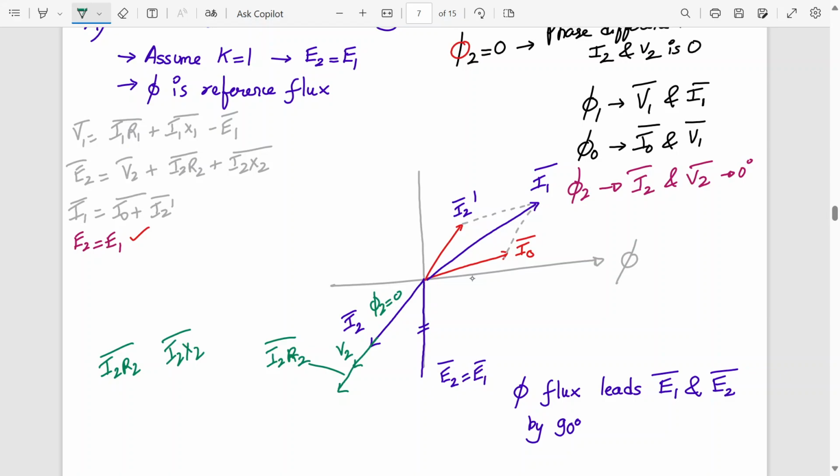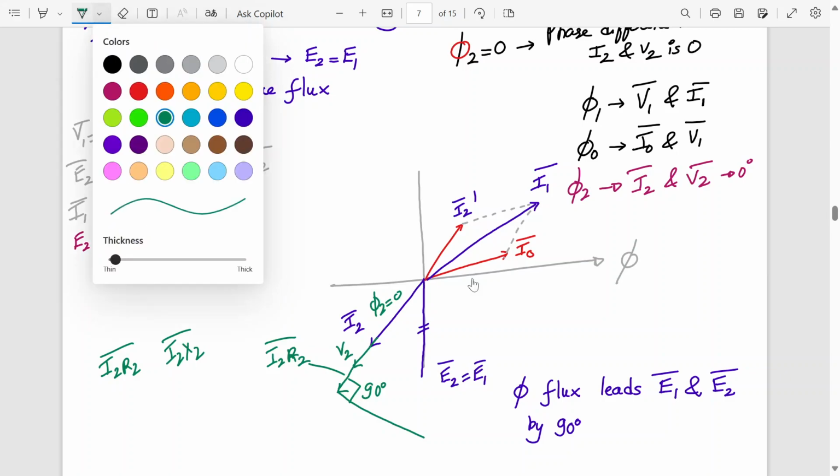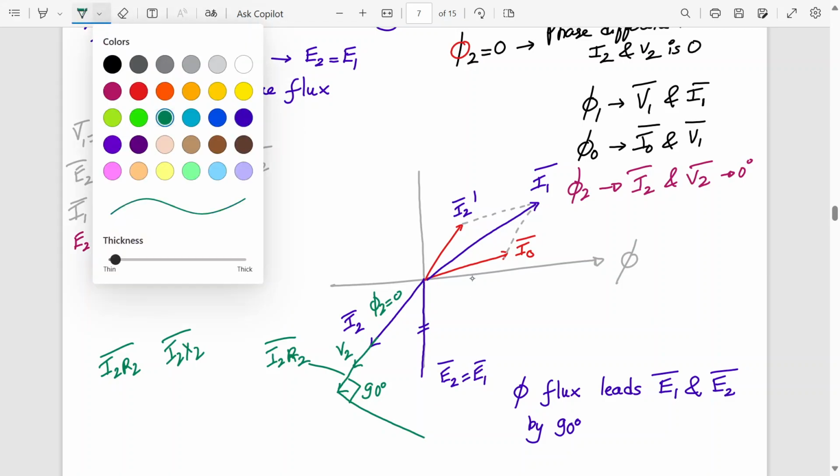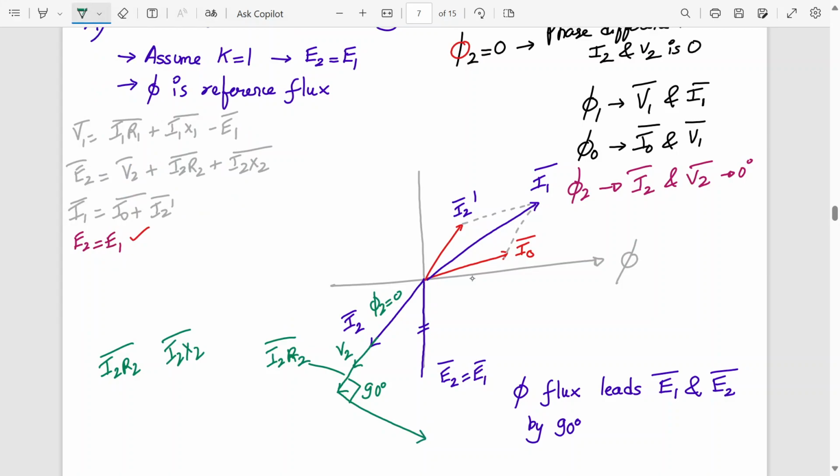So you drop a perpendicular from here to here. This is 90 degrees. Then you can extend this, and this line will be I2 X2. Agree? If I extend it further, this is your E2.